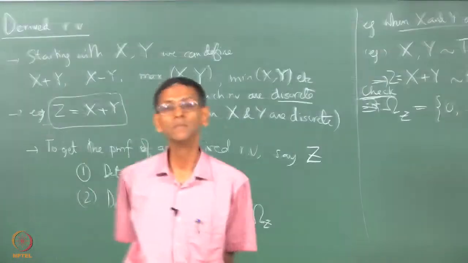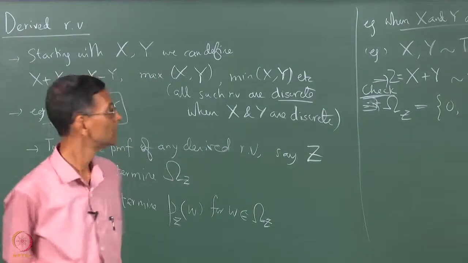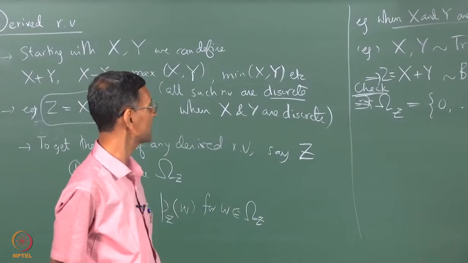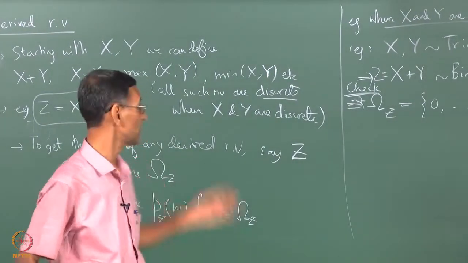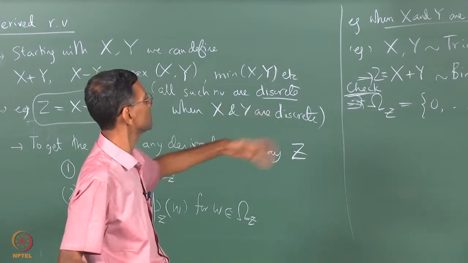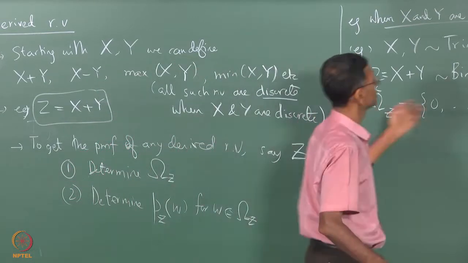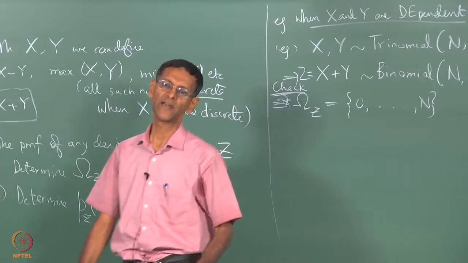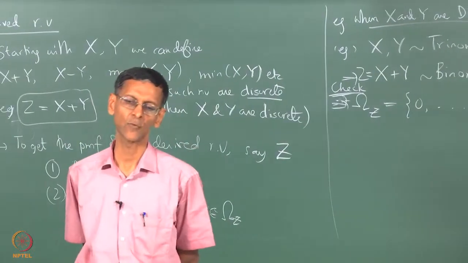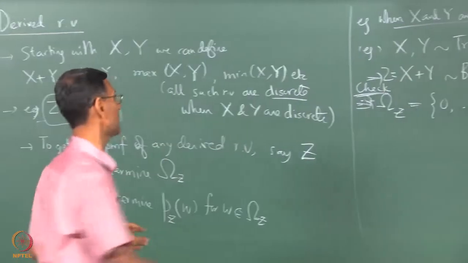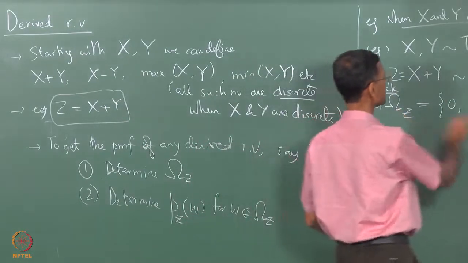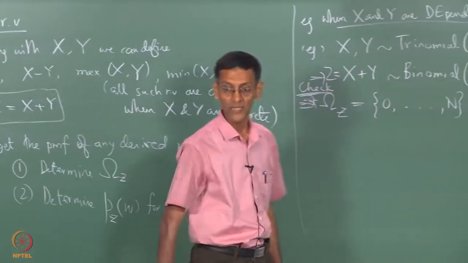It cannot be more than n, right. We have already said, you are repeating the experiment n times, and so the count of the two events for which x and y are the counts, the sum cannot be more than n. Anyway, so therefore z is also integer valued and takes values only in this set.